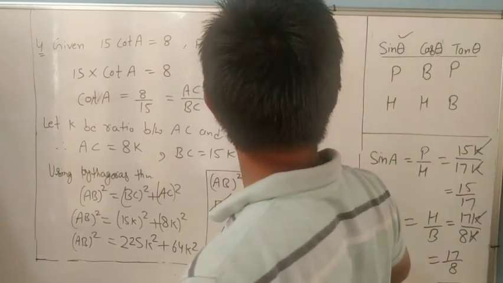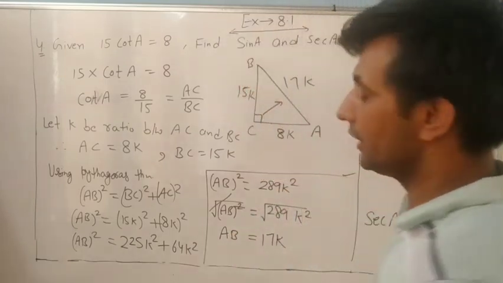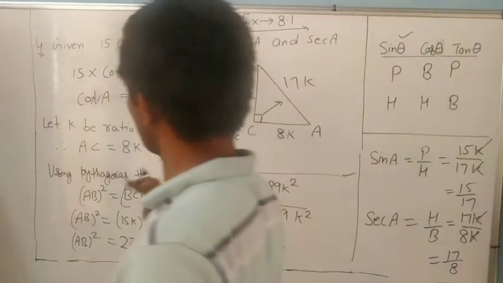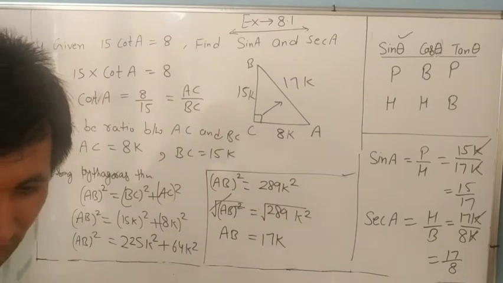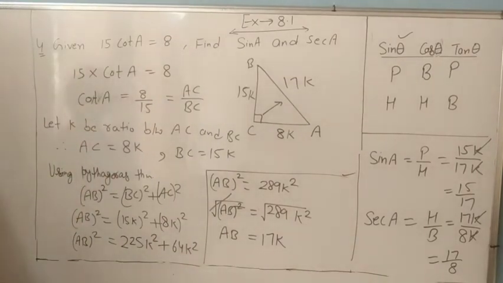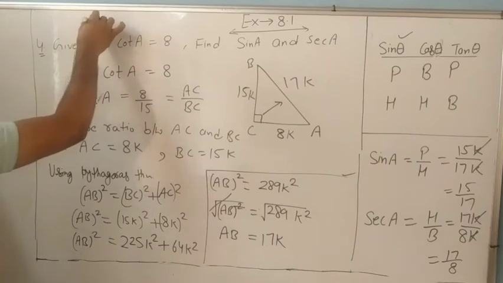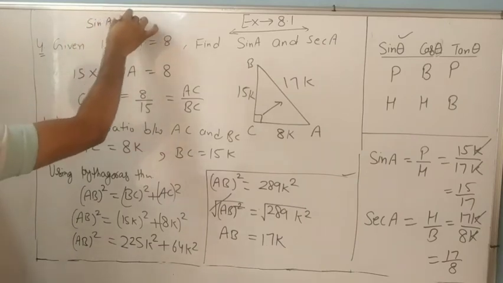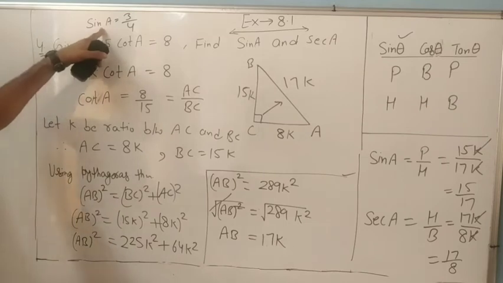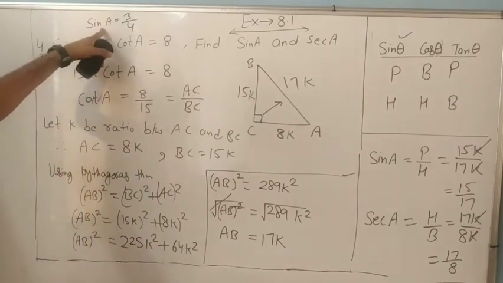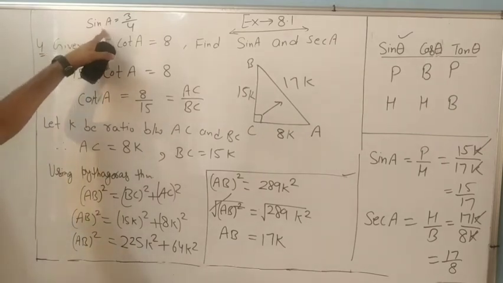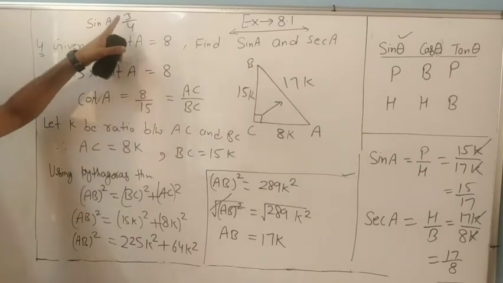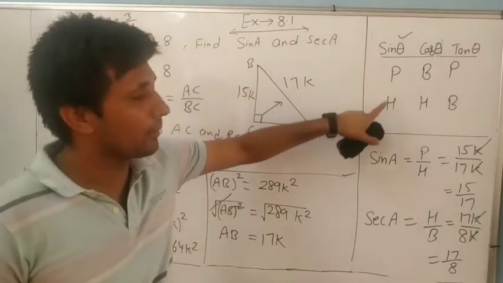Question number 3 is given. So note it down first. In question number 3, only one thing is given: sine A equals 3 upon 4. And find cos A, tan A. So first we will find sine, meaning perpendicular by hypotenuse.